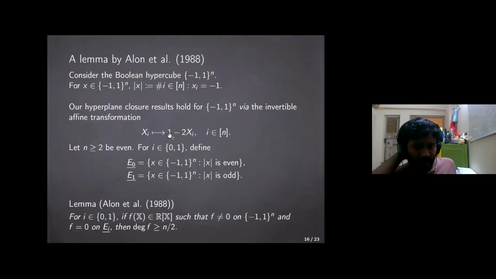And the lemma of Alon and others says that if there is a polynomial that is non-zero as a function on the hypercube and vanishes, for instance, on the set of all even layers, then its degree must be at least n by 2. Similarly, if there is a polynomial that's non-zero as a function on the hypercube and vanishes on the set of all odd layers, then its degree must be at least n by 2.